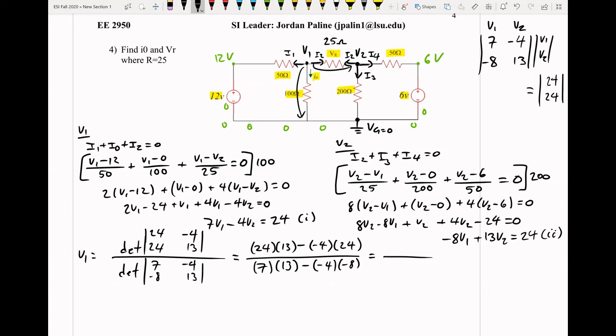Let me grab those numbers real quick. Okay, looks like 408 for the top and 59 in the denominator. Therefore, V of 1 will be equal to 6.915 volts.